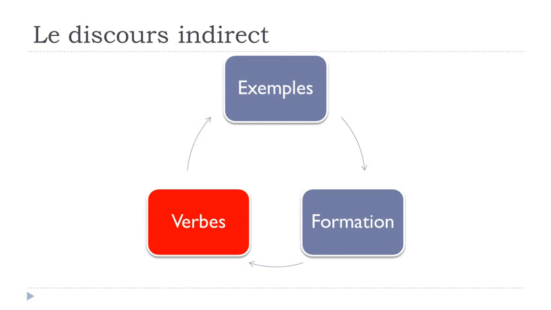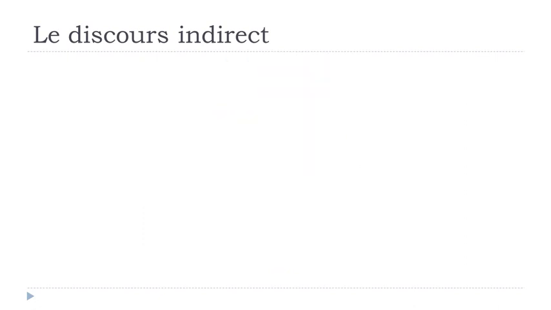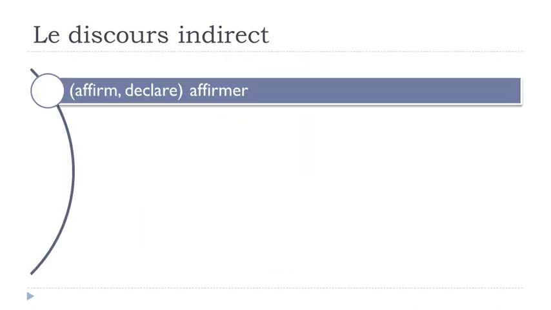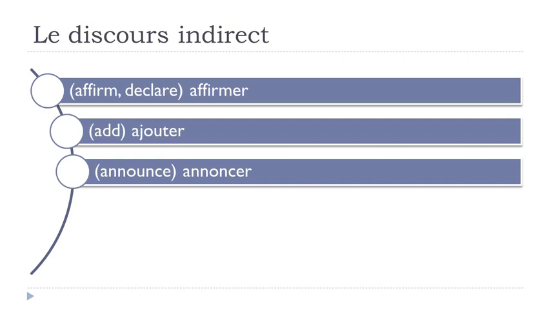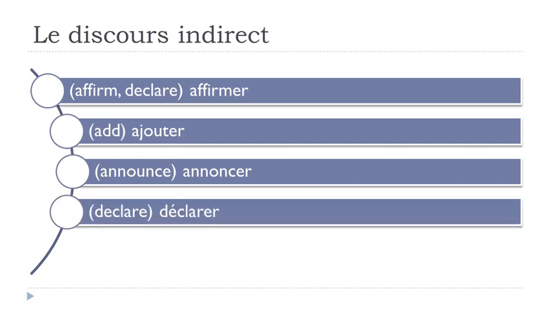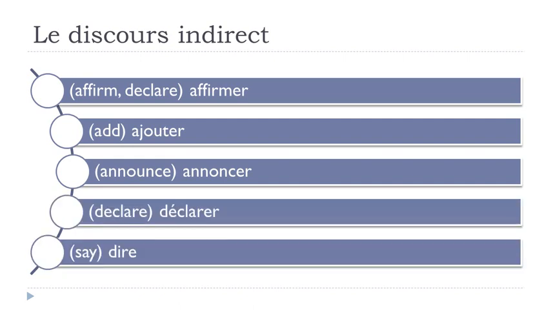And so now let's see the verbs that you could use to introduce this discours indirect, okay? And the list will start now. Affirmer, ajouter, annoncer, déclarer, dire.